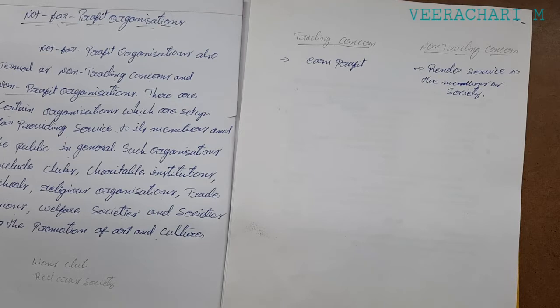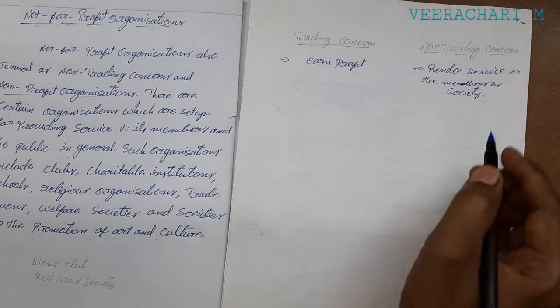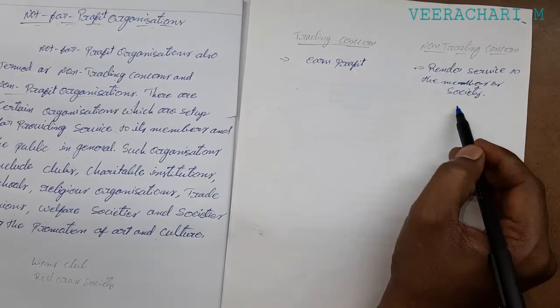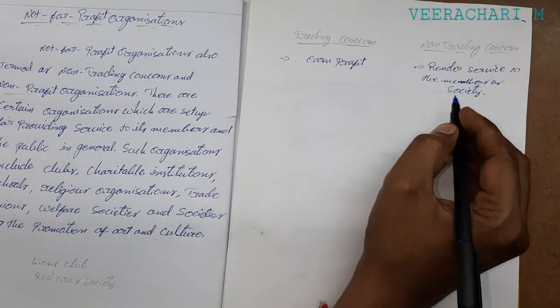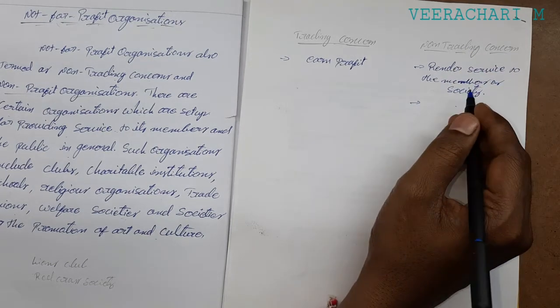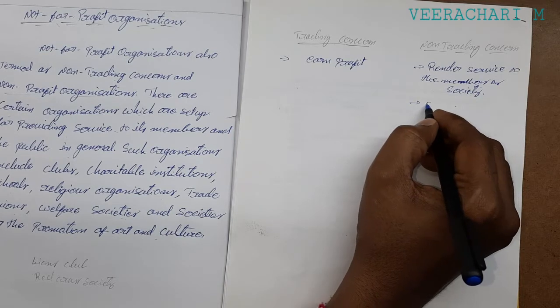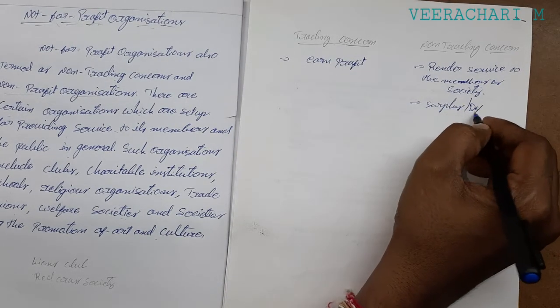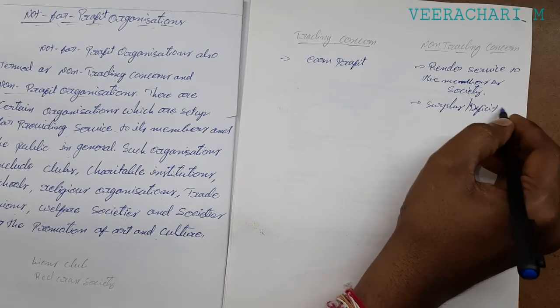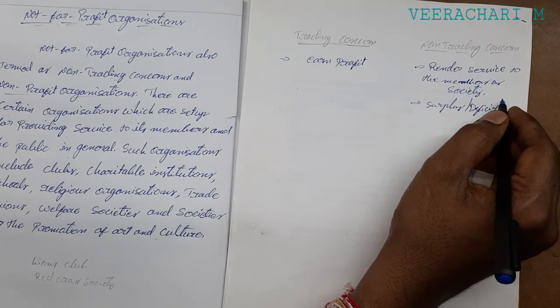Next, in a non-trading concern business, we should prepare income and expenditure accounts. In the income and expenditure account, the difference is called surplus or deficit.